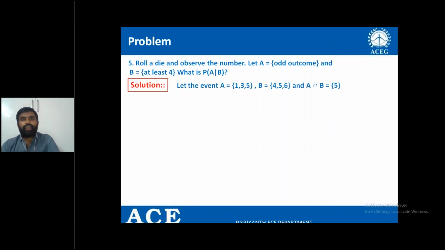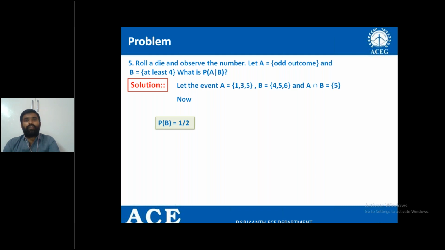What are the events taken here? A is odd outcomes, meaning 1, 3, 5. B is at least 4, meaning 4, 5, 6. And A intersection B is equal to 5. When 5 occurs, both conditions are satisfied.